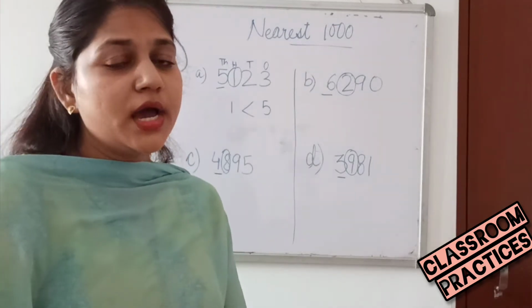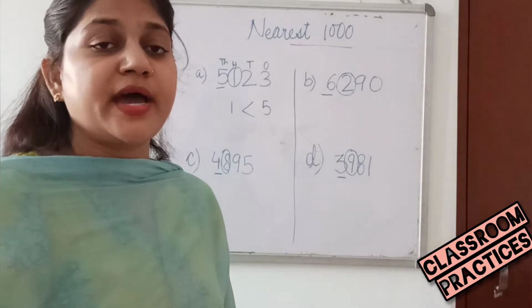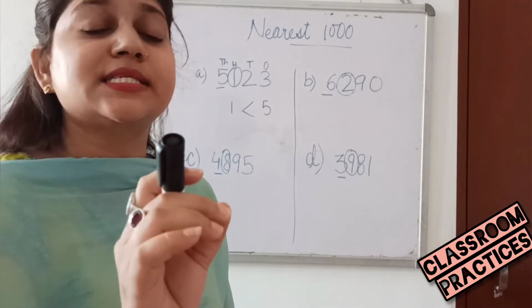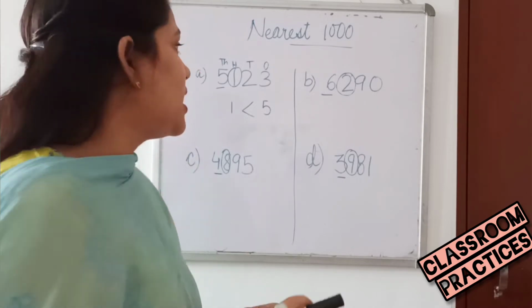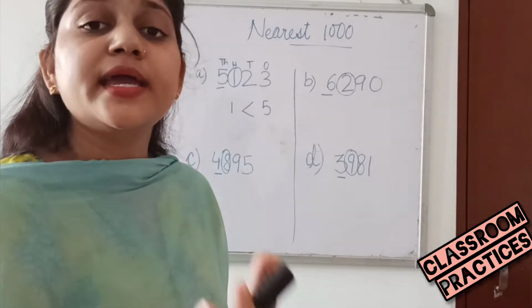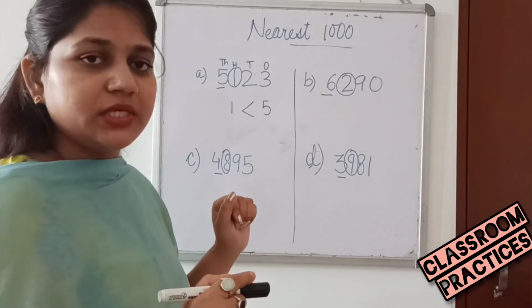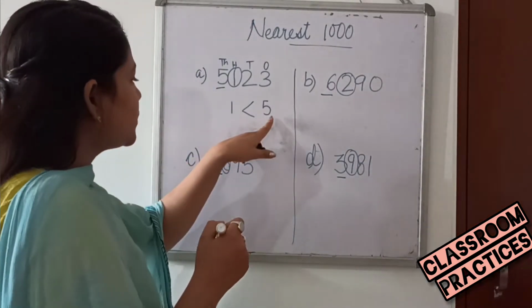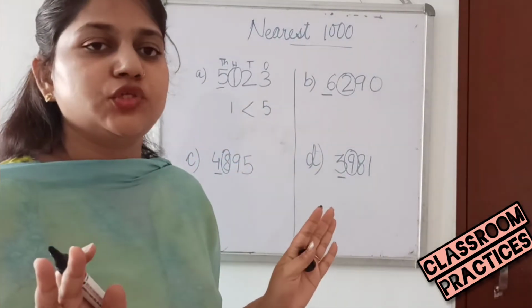5 हो या 5 से अधिक हो, right? If it is 5 or greater than 5, then we are going to increase the thousands place digit by 1. But कौन से place का digit हम बढ़ाएंगे? That is the thousands place. ठीक है? As you can see, 1 is lesser than 5, so there will be no change. क्यों?